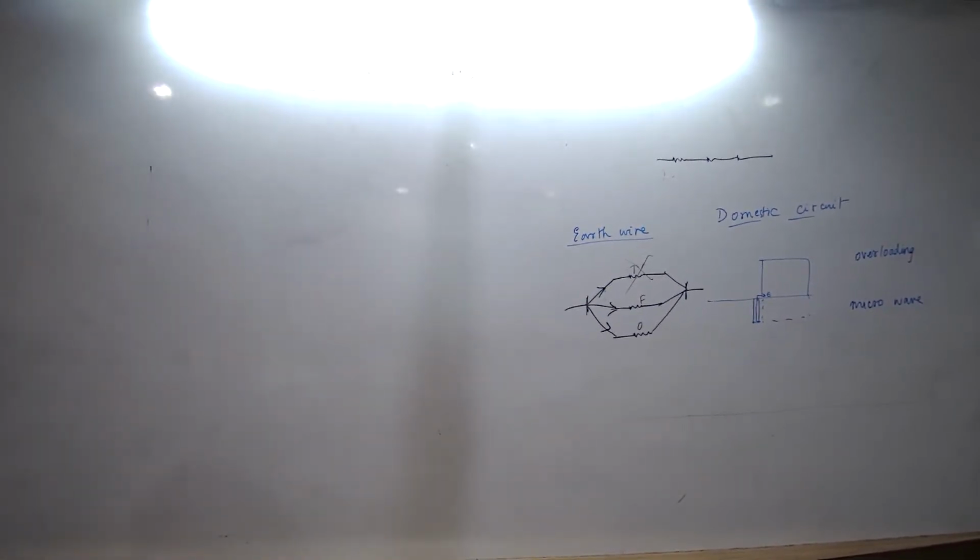What is earthing? I showed you now what is earthing. It's nothing but a safety device. Okay, so we are going to write down that answer here. Last paragraph here. The earth wire is usually connected.